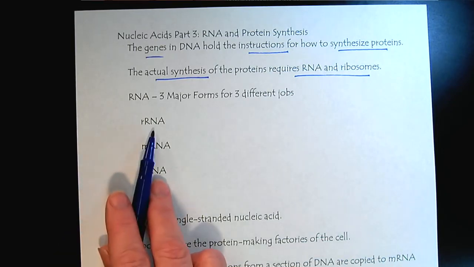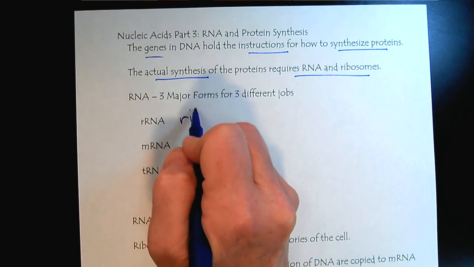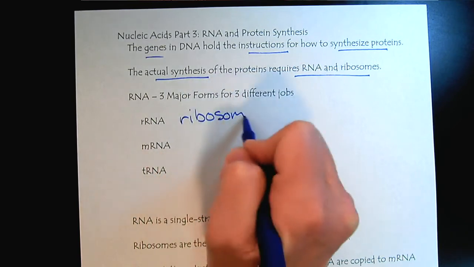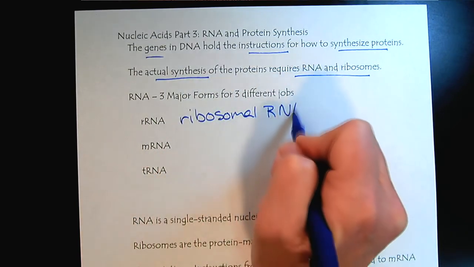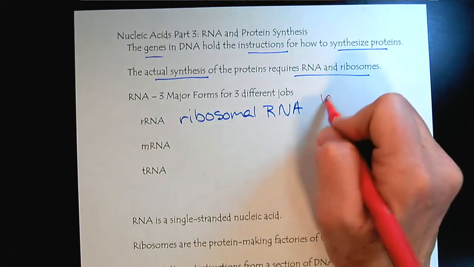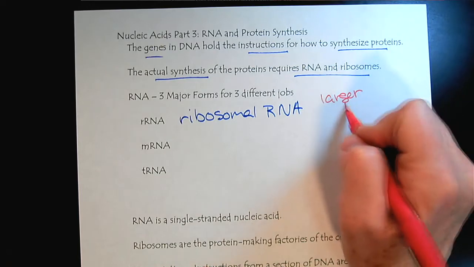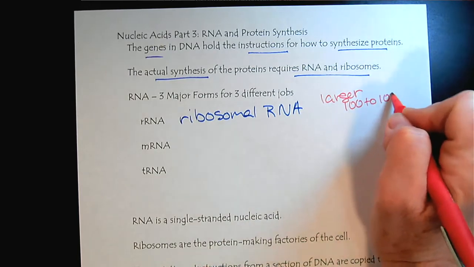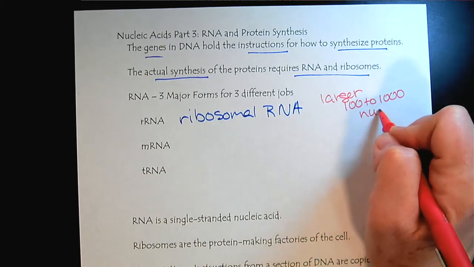So the rRNA is described as the ribosomal RNA. And these tend to be larger. They typically have 100 to 1,000 nucleotides.